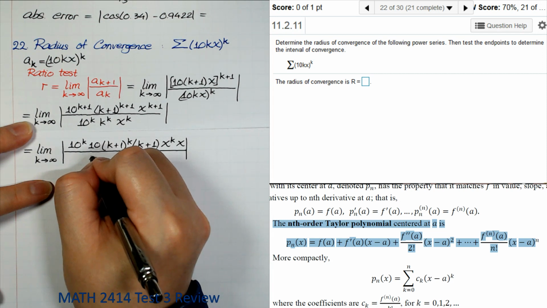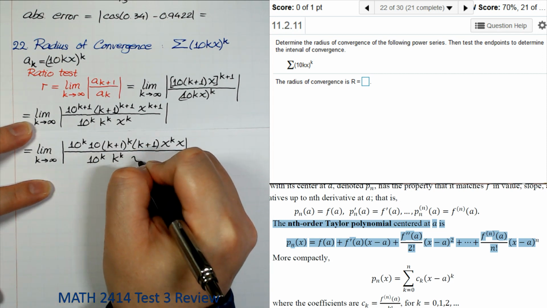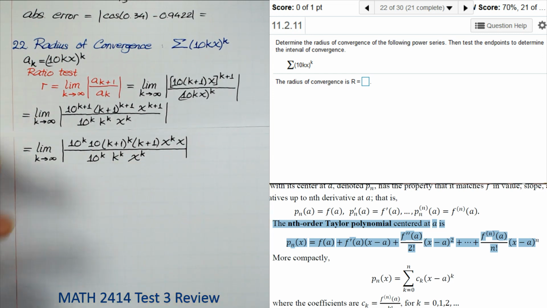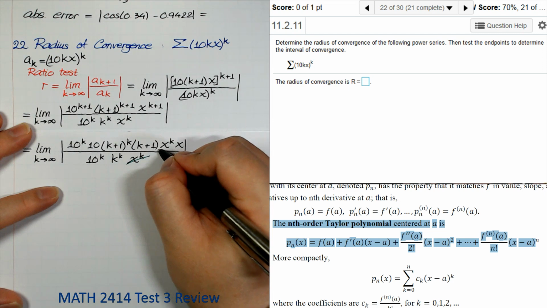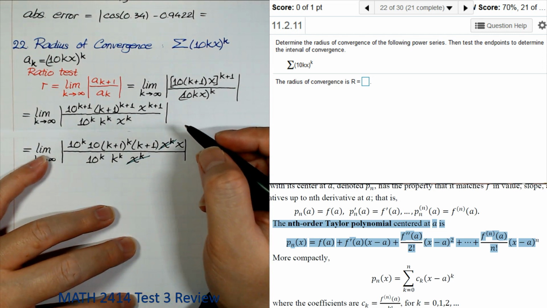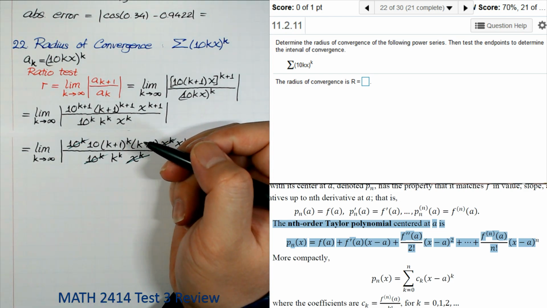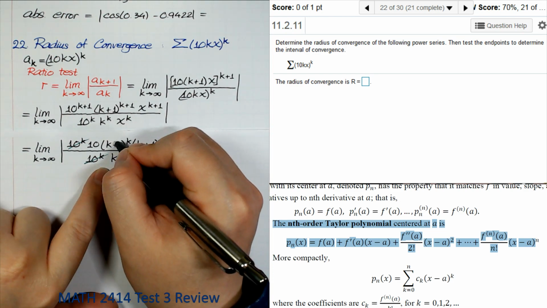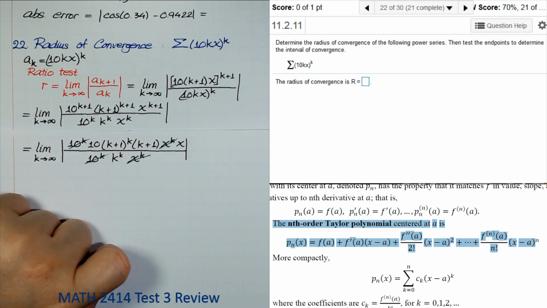Over 10 to the k, k to the k, and x to the k. That cancel out. That cancel out. And that not quite cancel out. Still have k plus 1 and still have x.